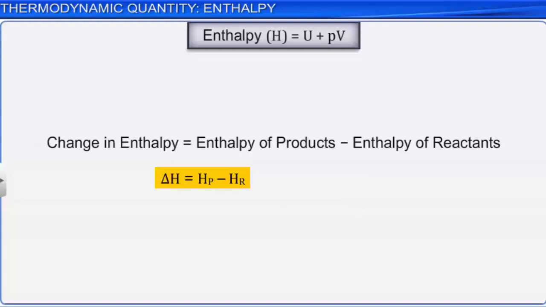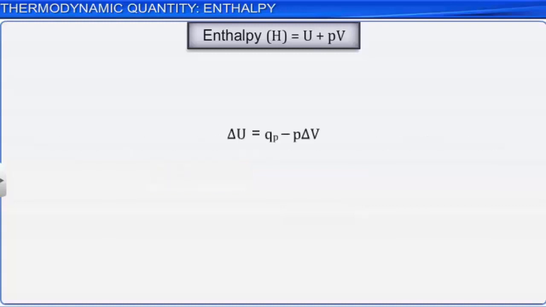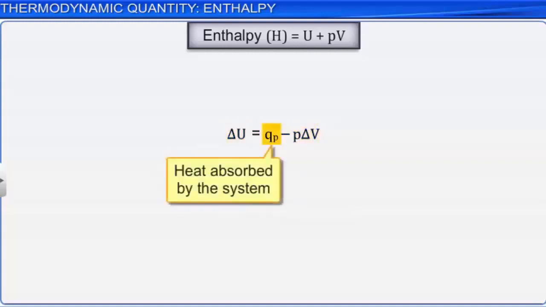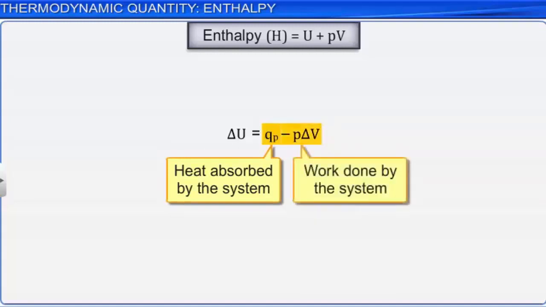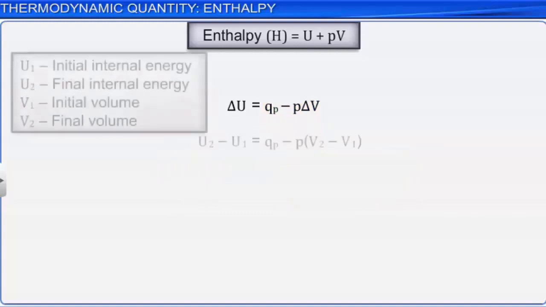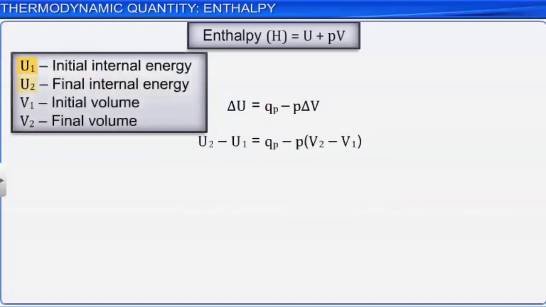The significance of delta H also follows from the first law of thermodynamics, as delta U is equal to Q_P minus P delta V. Here, Q_P represents the heat absorbed by the system and minus P delta V represents the work done by the system. Let U1, U2, V1 and V2 represent the initial and final internal energies and volumes respectively.